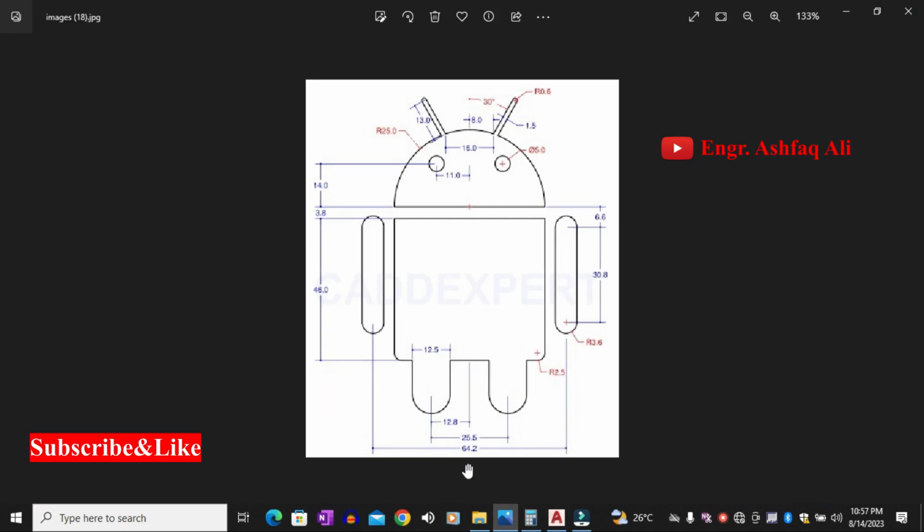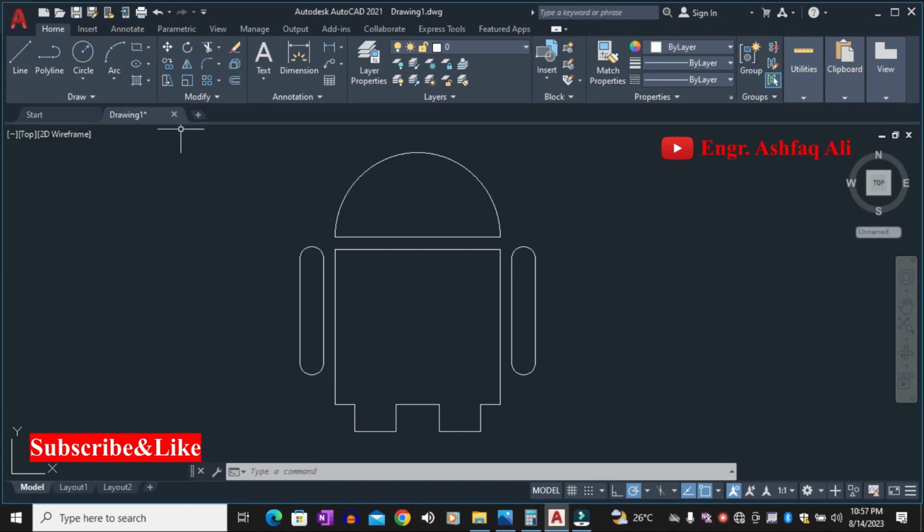So the below figure is complete. Now I am going on the above portion.